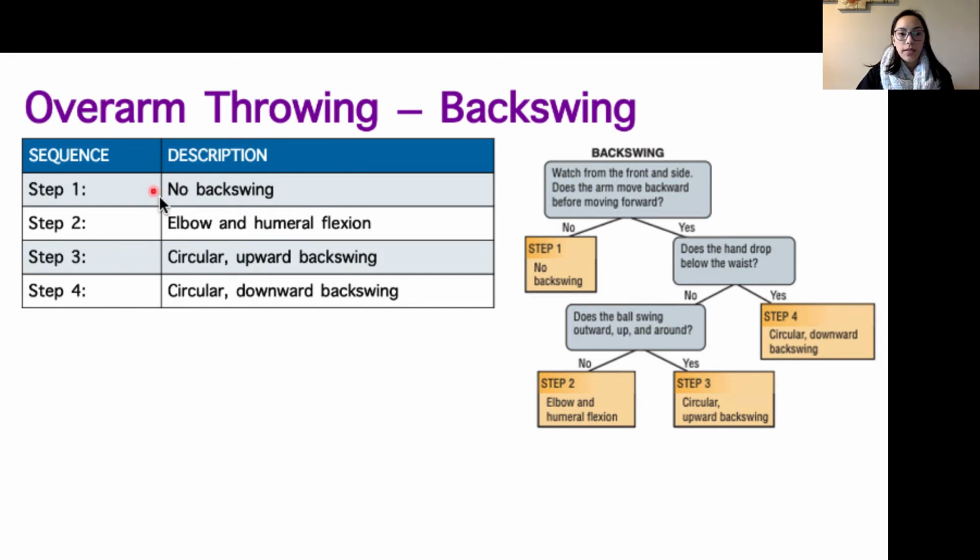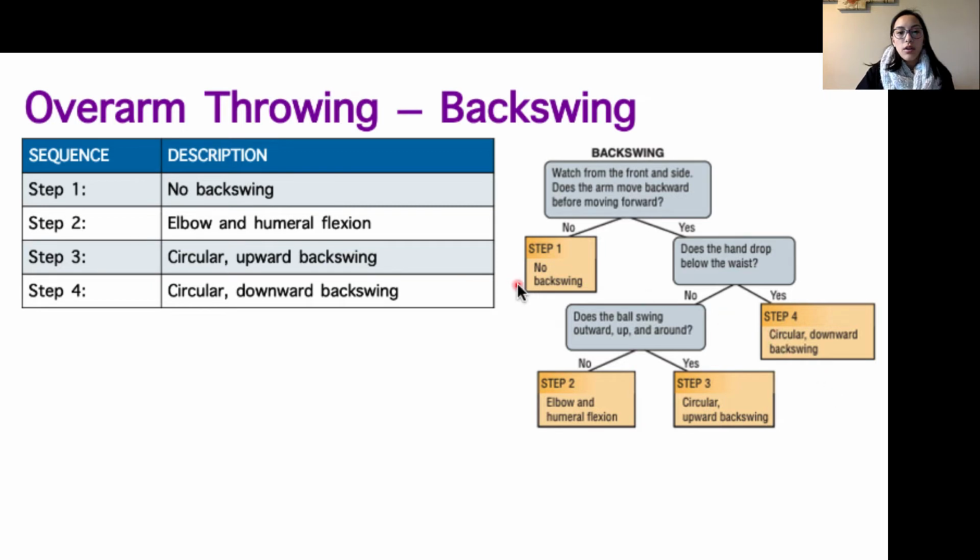So step 1, we consider no backswing, 2, elbow and humeral flexion, 3, circular upward backswing, and 4, circular downward backswing. Now, similar to your activity last week, we have this observational plan or flow chart that helps us to determine what developmental level a person might be at.